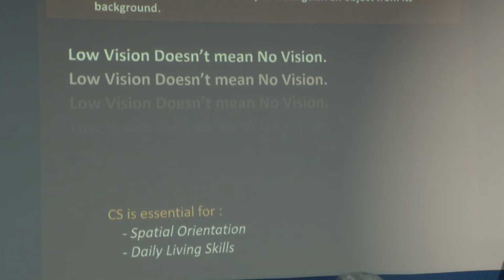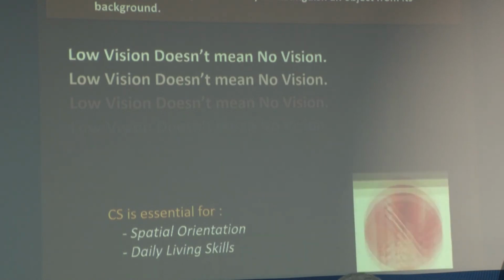Coming to contrast enhancement. Contrast sensitivity is the ability to distinguish an object from its background. For people with no problem in their eyes, we don't really mind what the contrast of anything is. But for a patient with low vision, his spatial orientation and his daily living skills are dependent on this very aspect of treatment.